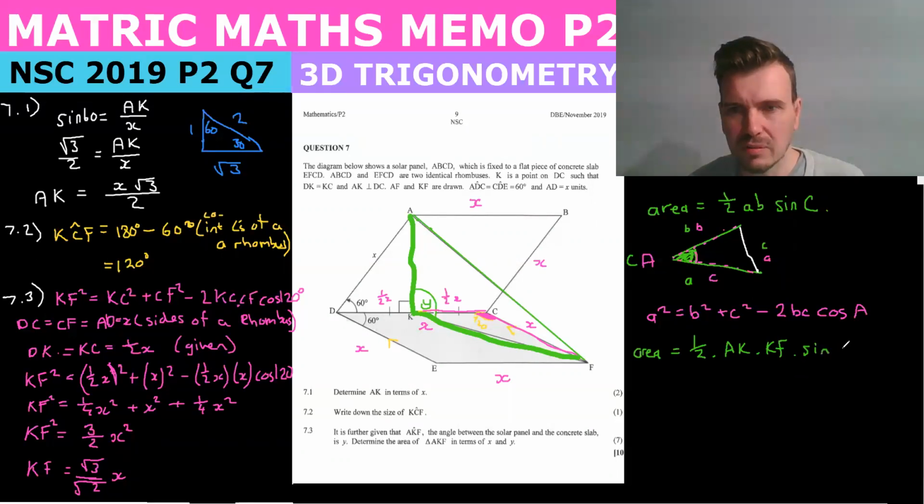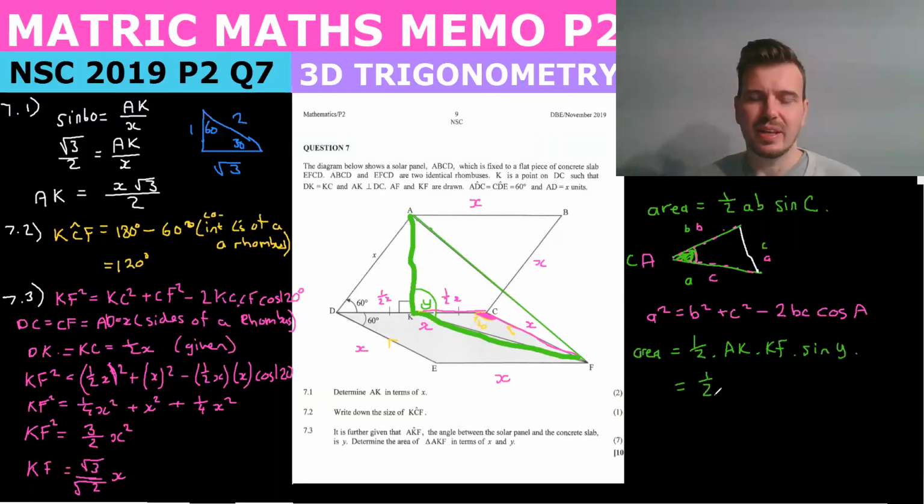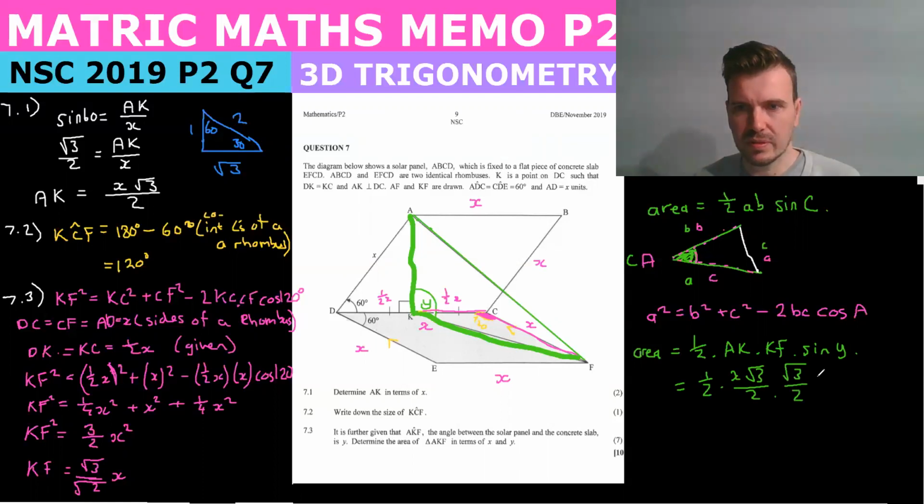Sine of y. Okay, and then we've got a half, and then AK, which we got previously was x root 3/2, times root 3/2 x, and then sine y.